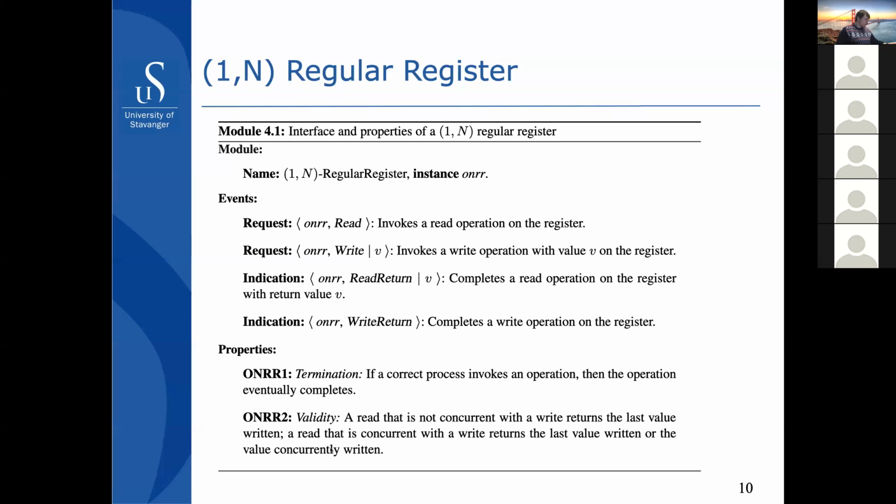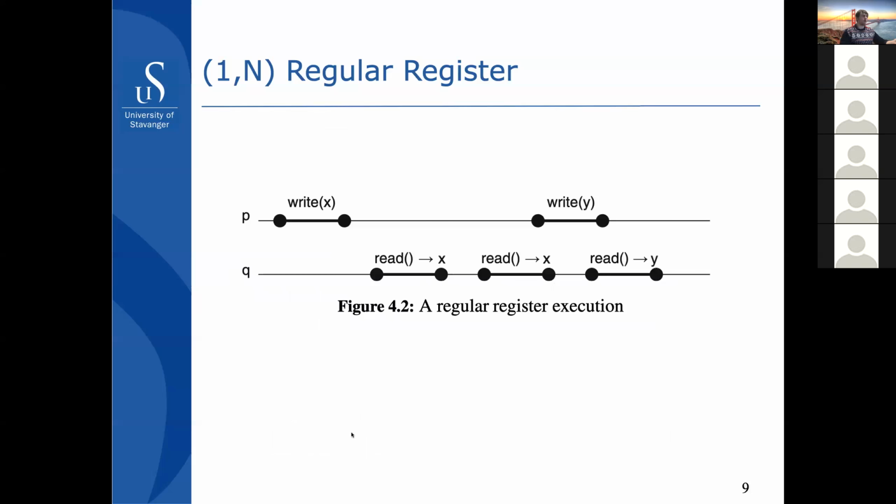is in this validity property of the regular register module description, and it says a read that is not concurrent with the write returns the last value written. So remember, which reads are not concurrent with the write. We have only one read that's not concurrent with the write. These two here are concurrent.